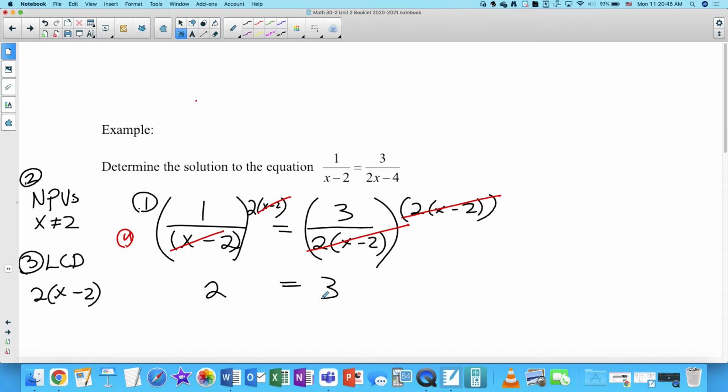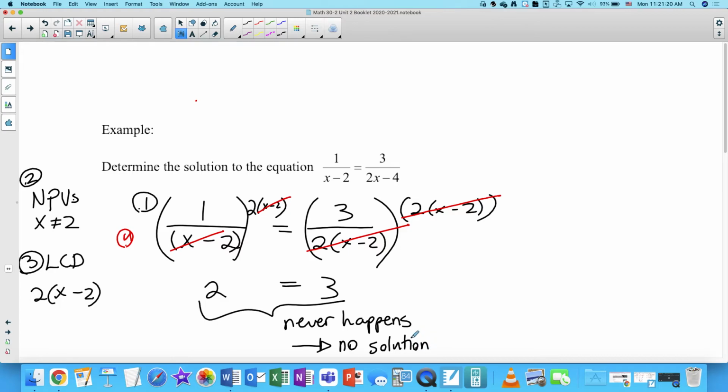That's a little interesting. 2 equals 3. When does that ever happen? Never. So if you end up with something that happens never, there's no solution. There is no value of x that will make this true.